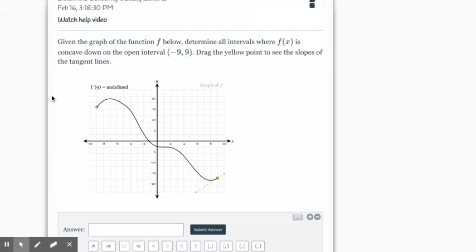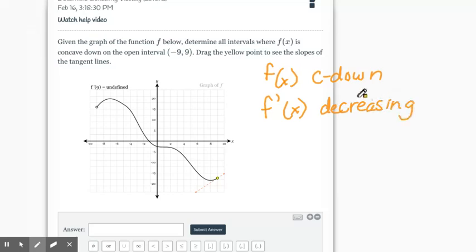So let's write that down because it does help to look at what I'm looking for. When F is concave down, F prime is going to be decreasing.